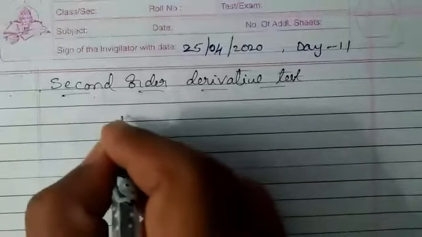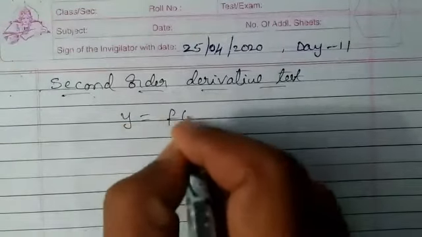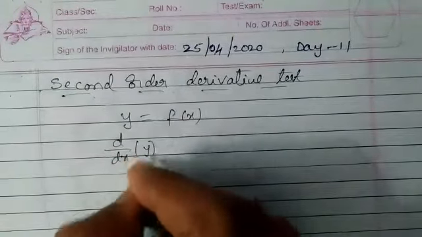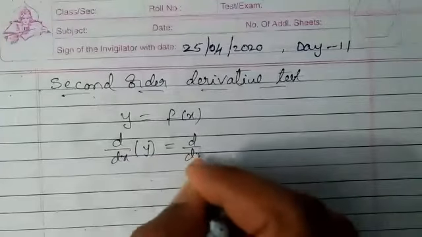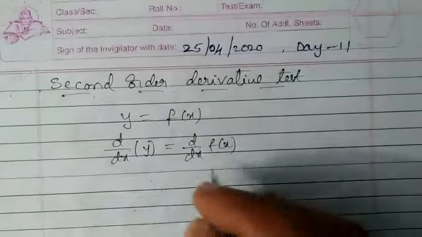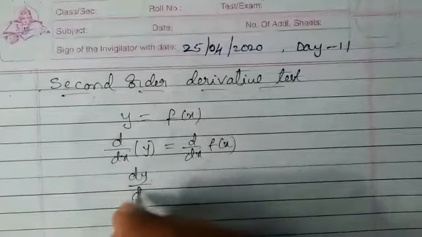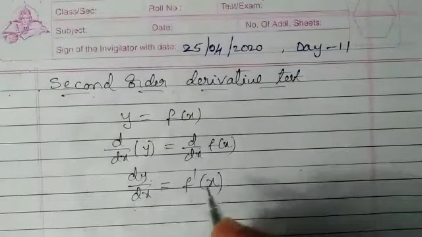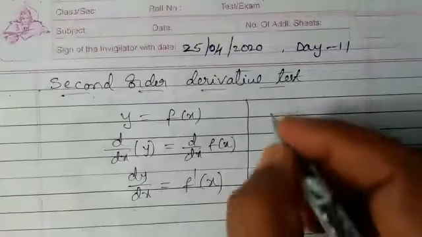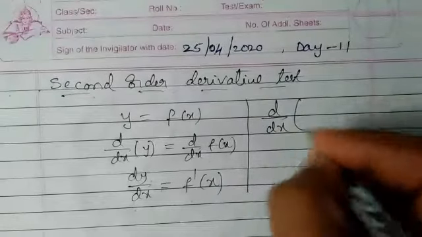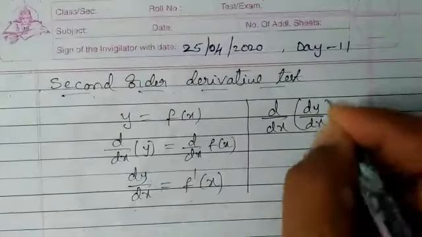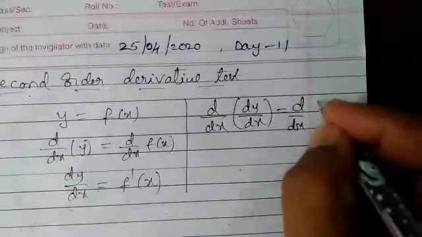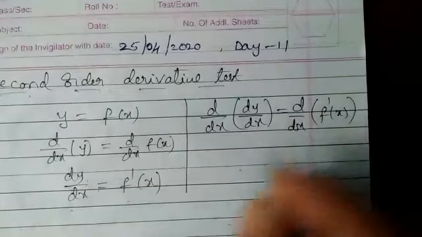Generally our function is y is equal to f of x. Differentiate with respect to x: d by dx of y is equal to d by dx of f of x, that is, dy by dx is equal to f dash of x. Again differentiate with respect to x: d by dx of dy by dx is equal to d by dx of f dash of x.